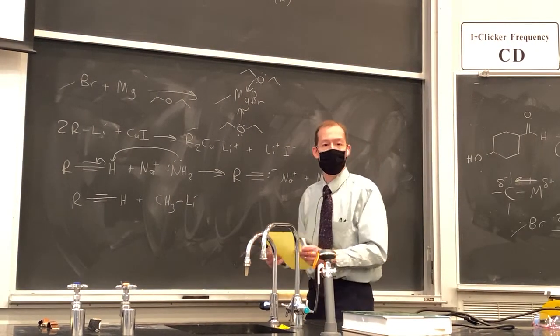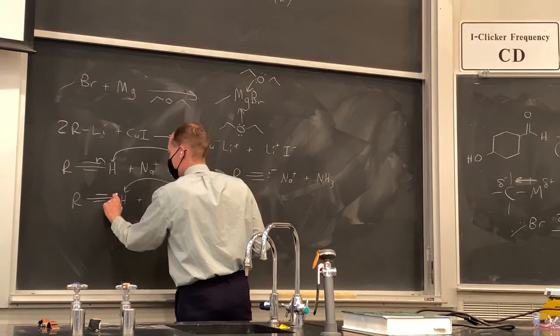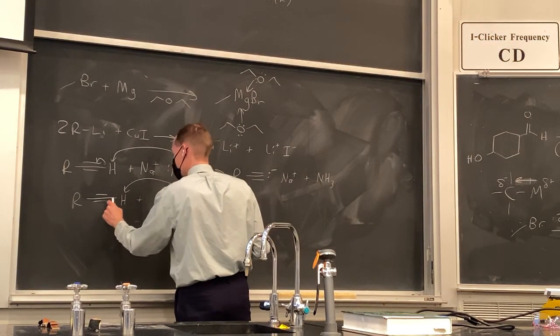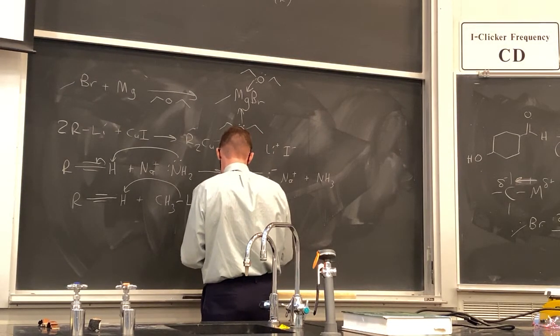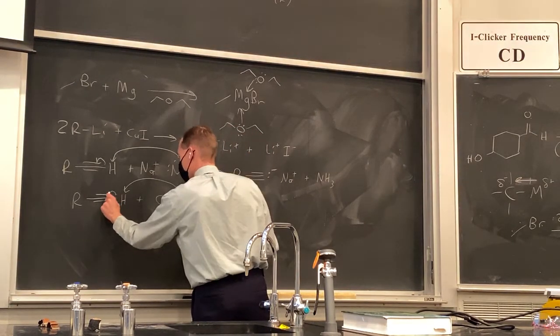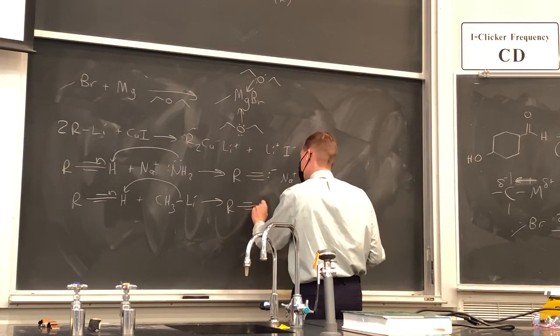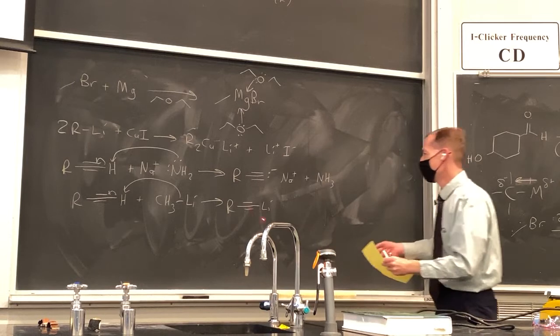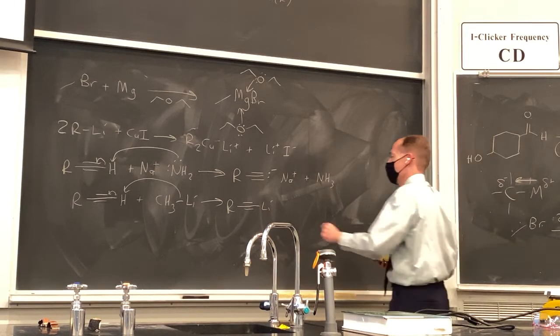This methyl lithium is a strong base. I'll show you why in a minute. We can deprotonate this, and that's going to generate, we'll go ahead and push this electron here, but we're going to draw the species with a covalent bond between the carbon and the lithium as opposed to an ionic bond in this case.